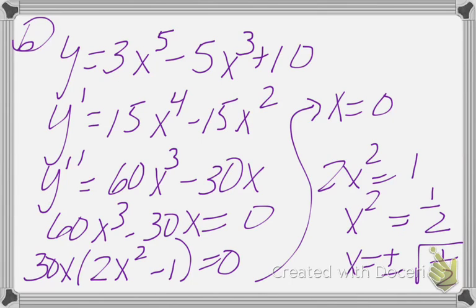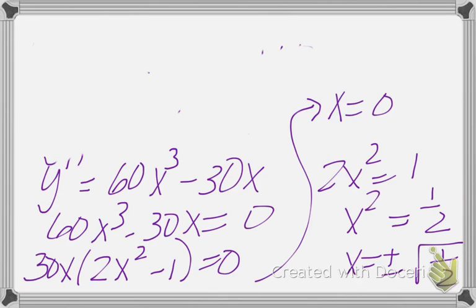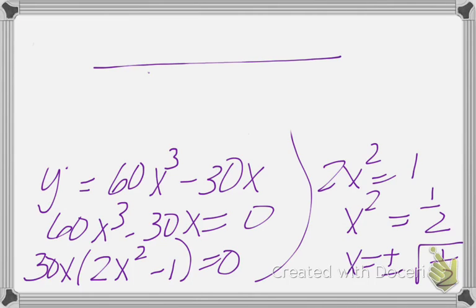Okay, let's make some room up here. The question is about concavity, so we're going to put all these values on here. So we had 0, we have 1 over radical 2, because the square root of 1 is just 1 anyway, and then -1 over radical 2.